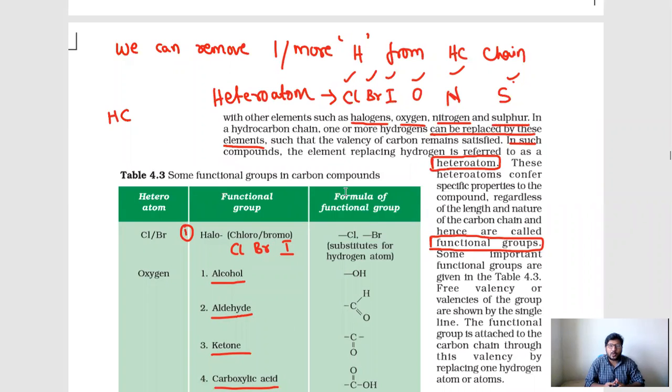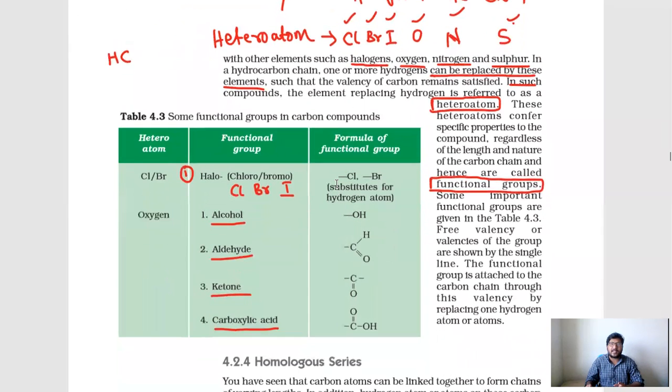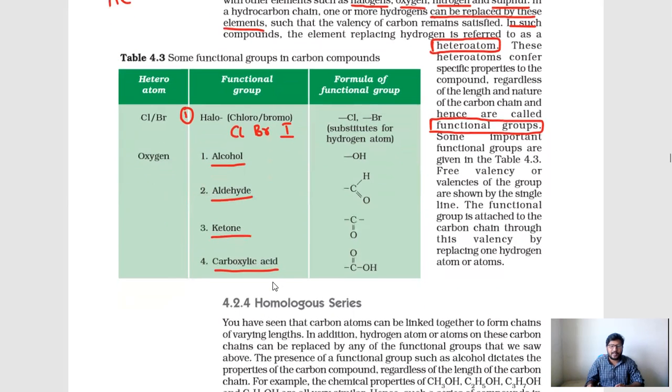And if you add heteroatoms, the total property will change. Those heteroatoms can be known as functional groups also. This chlorine, we can call it chlorine functional group, bromine functional group, iodine functional group, oxygen functional group. Like that, you can add functional groups. There are many functional groups, but in your 10th class, you are going to learn 5: halo, alcohol, aldehyde, ketone, carboxylic acid, and I'll explain each and everything.